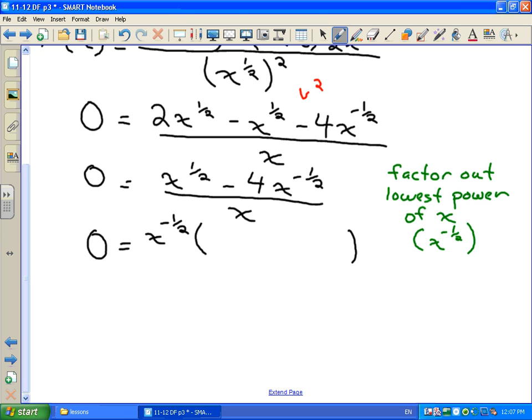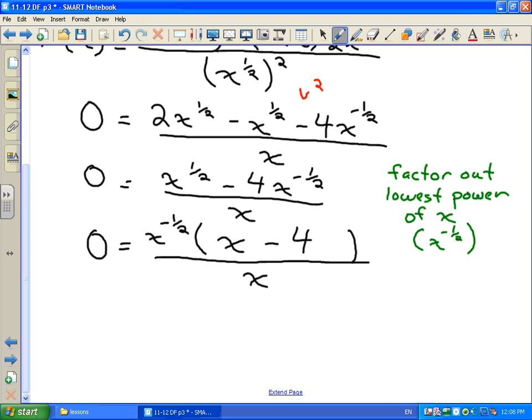So if I take out x to the negative 1/2, I'm going to end up with x, because x times x to the negative 1/2 gives me x to the 1/2, minus 4, all divided by x.